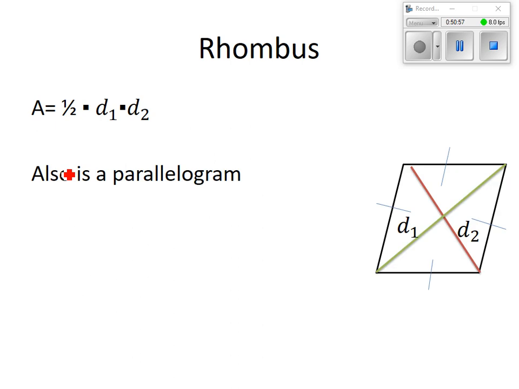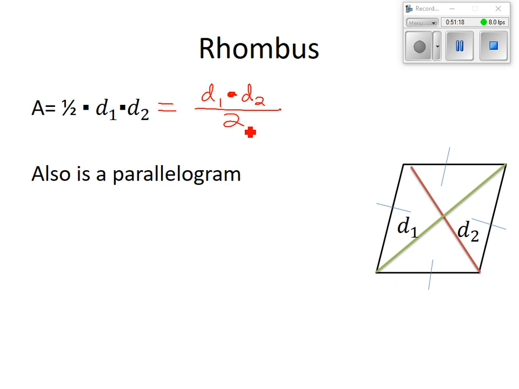A rhombus. To find the area of a rhombus, and I would probably change this formula. This is the one that you got there. I would probably change it to this: D1 times D2 divided by 2.